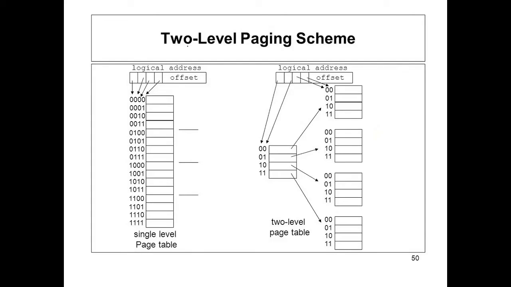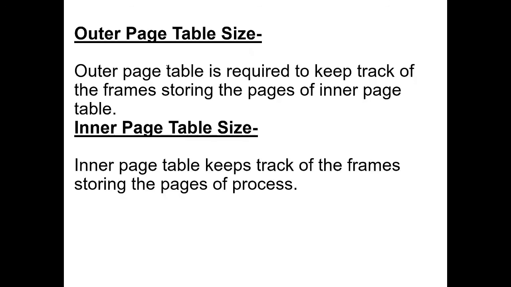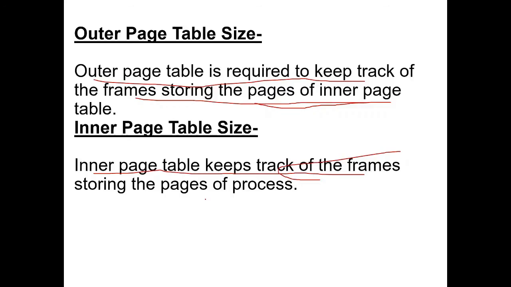So this is also a diagram which shows the two-level paging scheme. The outer page table is required to keep track of the frames storing the pages of the inner page table. So it is going to give the details about the inner page table, and the inner page table keeps track of the frames storing the pages of a particular process.